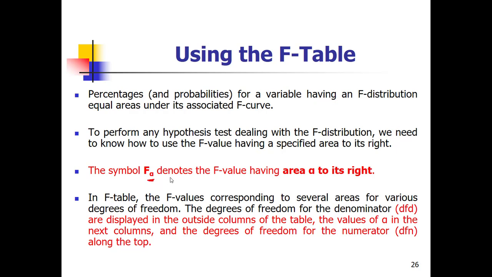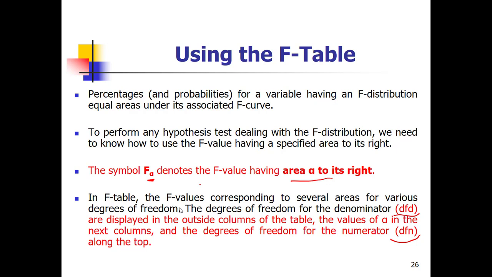So the F tables contain four different pieces of information: first degree of freedom or numerator, second degree of freedom or degree of freedom of denominator, alpha the significance level, and also the F value.